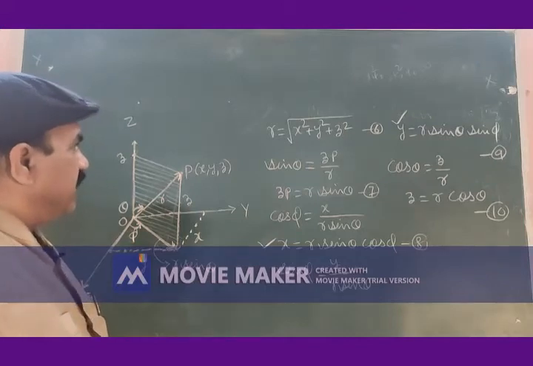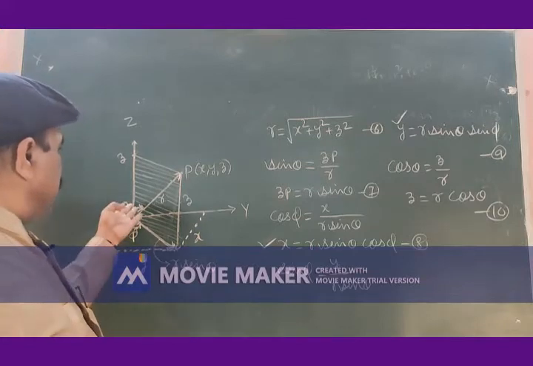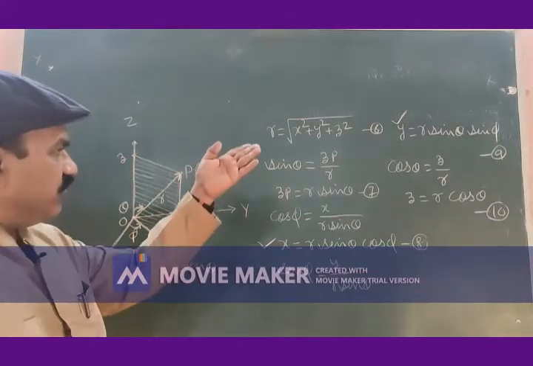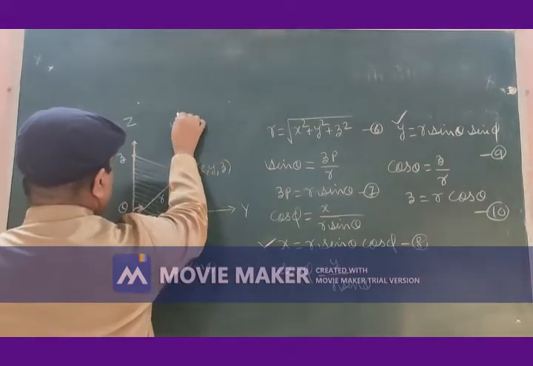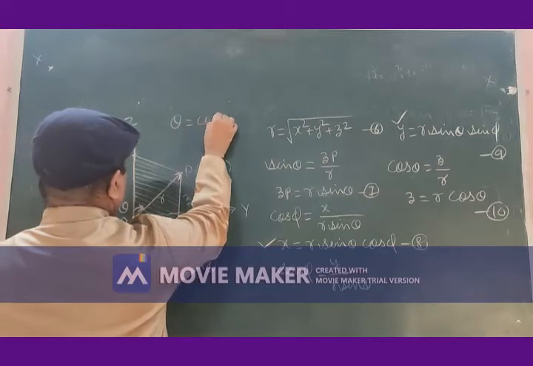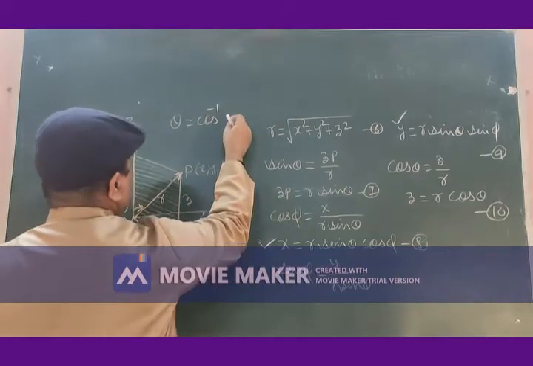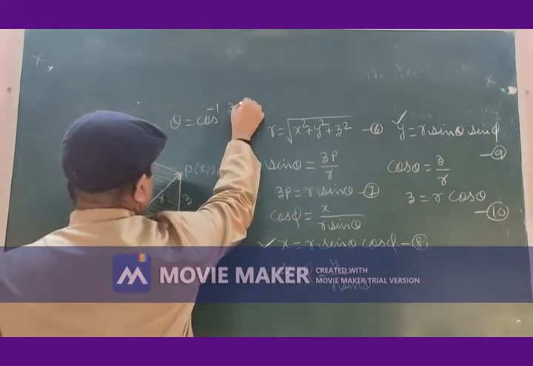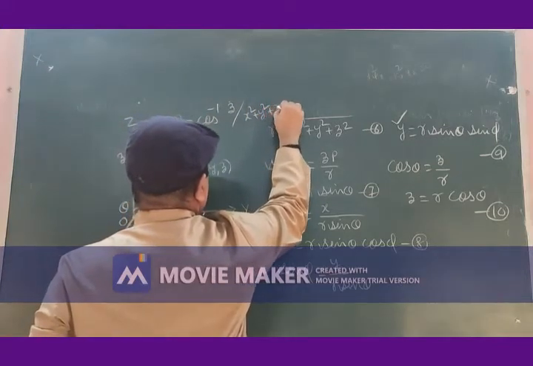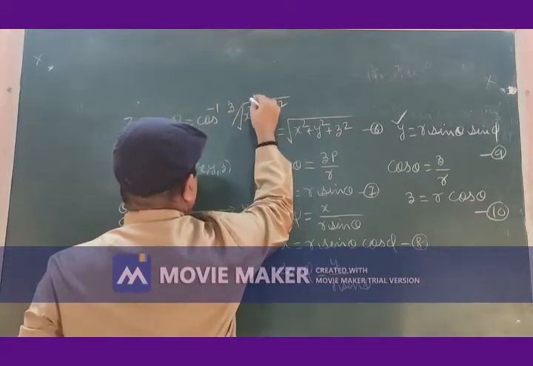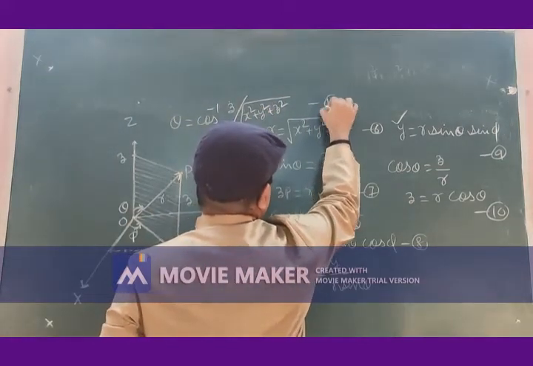Then cos theta, we already found it, and therefore theta will be equal to cos inverse of z divided by r, equation number 11.